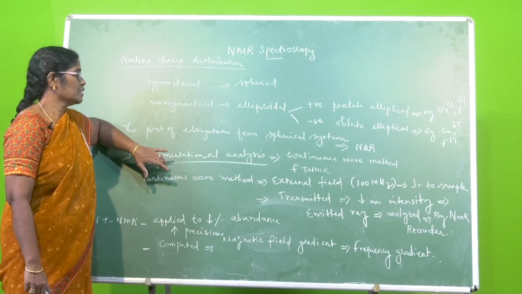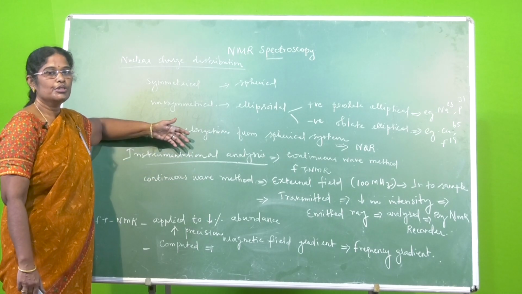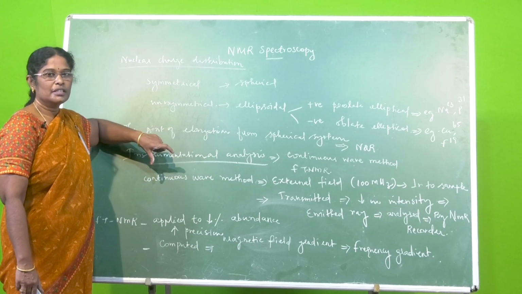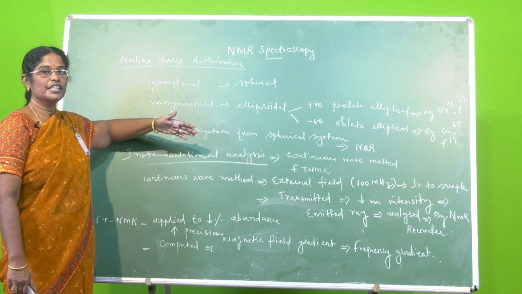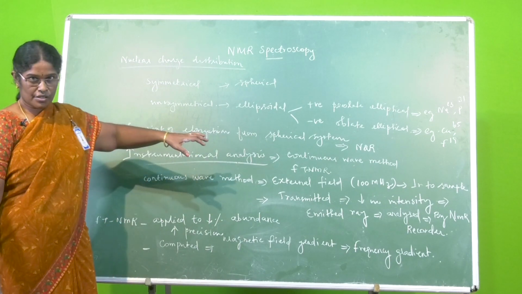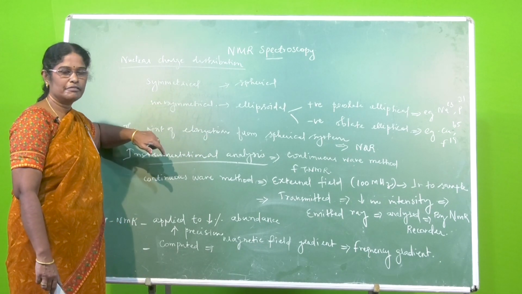Here, as we understand, we can record an NMR spectrum by the continuous wave method or the FT-NMR method. In the continuous wave method, we apply a field in the radio frequency range, around 100 MHz, and we place the sample perpendicular to the applied magnetic field.